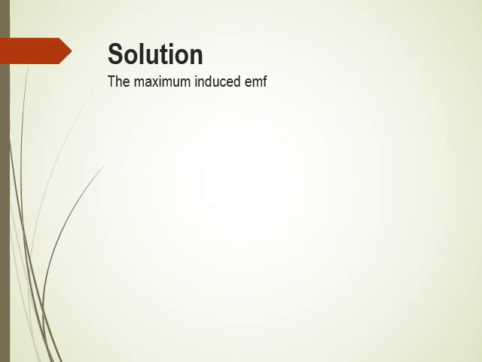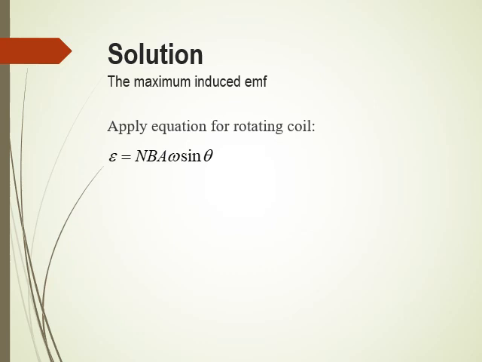In this question, you are given a rotating coil. So to calculate the induced EMF in the rotating coil, you just simply apply the equation for induced EMF in a rotating coil, where induced EMF is equal to NBAω sin θ. Now it is up to you whether you want to use the equation with sin θ or sin ωt. Why?